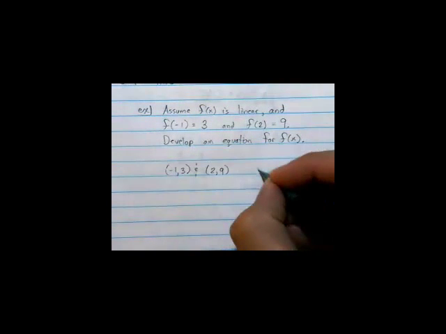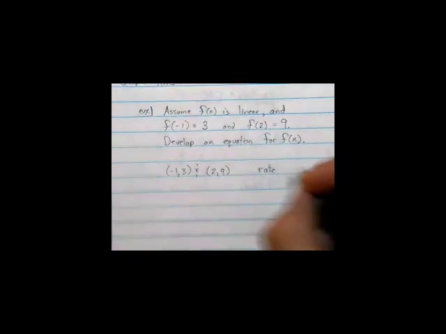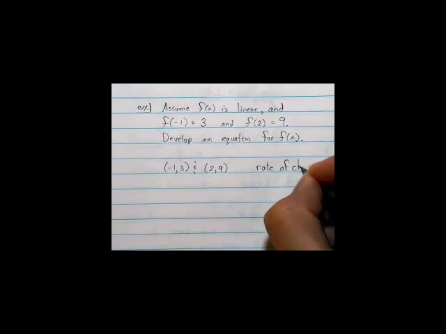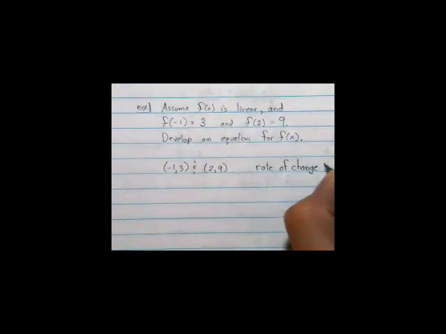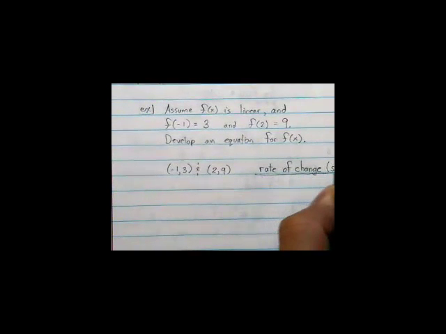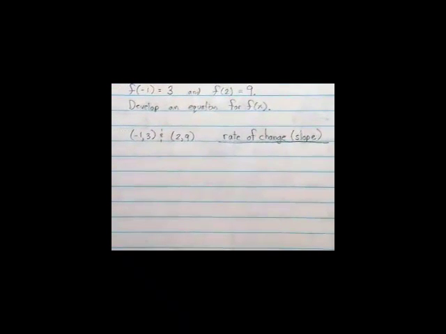So the first thing we're going to want to do is to take those 2 points and calculate a slope, or rate of change, which is another name for slope. I'm going to call it rate of change, just so we're using the new vocabulary here. So if we get those 2 points, how do we calculate the rate of change, or slope, like we've done in the past?